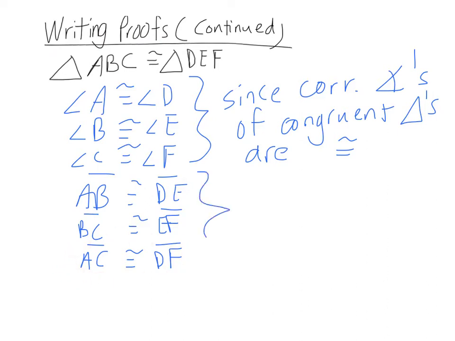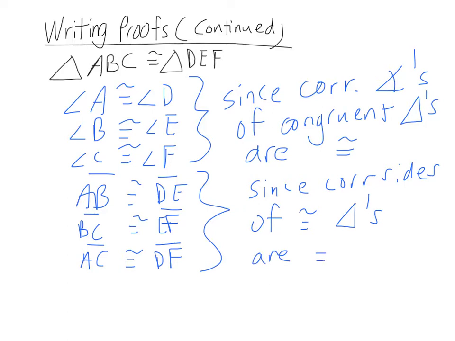Why would you say such a thing? Since these are sides, corresponding sides of congruent triangles must be congruent. If you proved or we're told that the triangles are congruent, then every corresponding part is. All the corresponding angles are congruent, and all the corresponding sides are congruent.